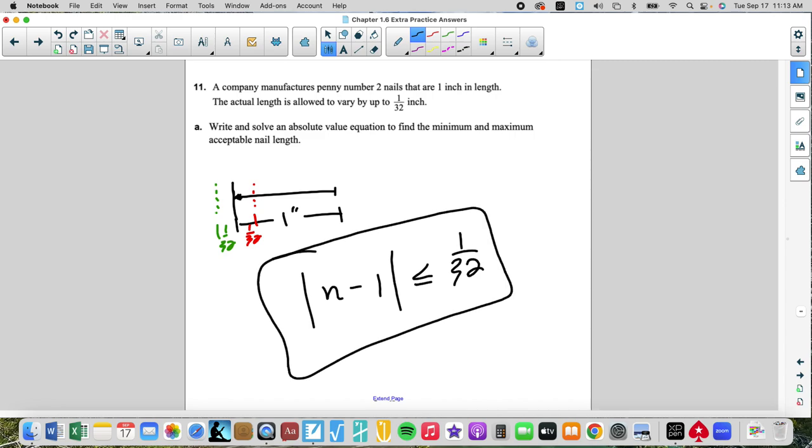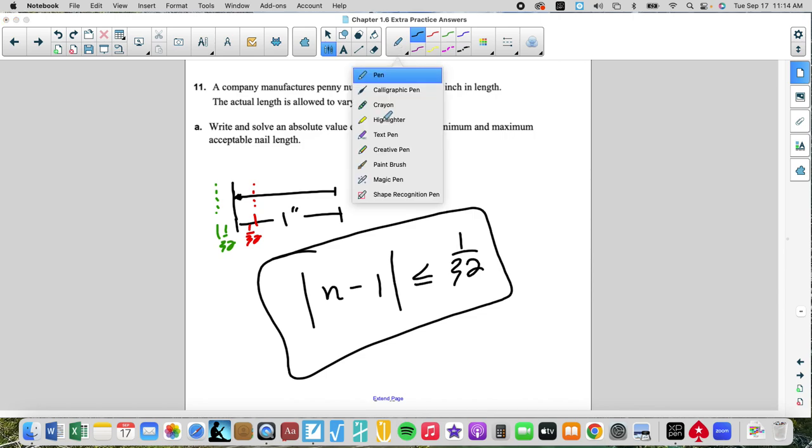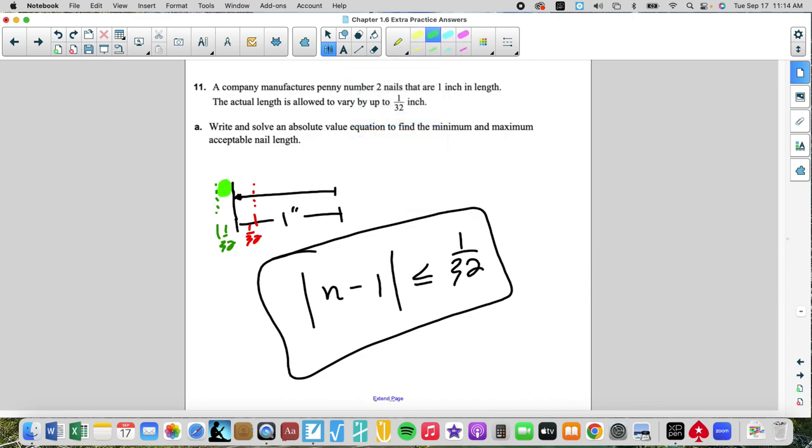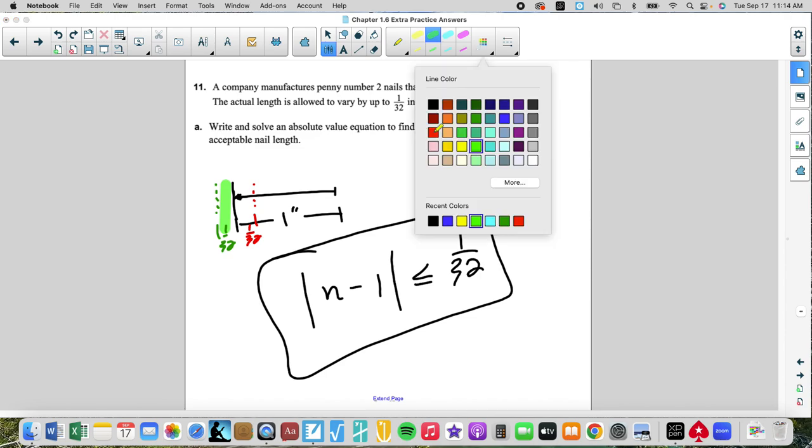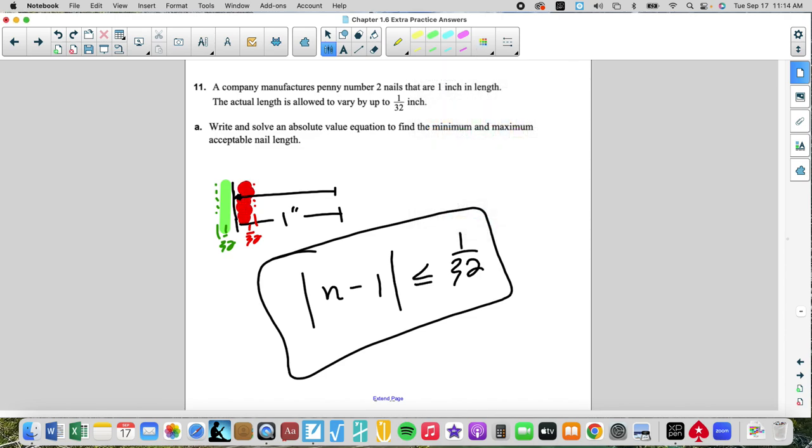I don't know how you can write an equation, because you can have stuff in between these two shaded areas. You got some leeway, right? You can have stuff in between here, and you can have stuff in between here. So that's your error. So it doesn't just have to be 1/32.